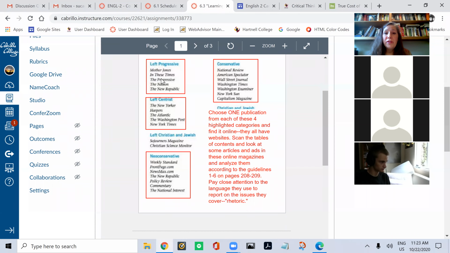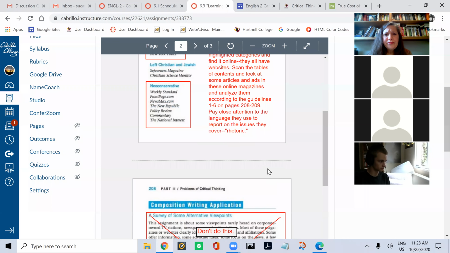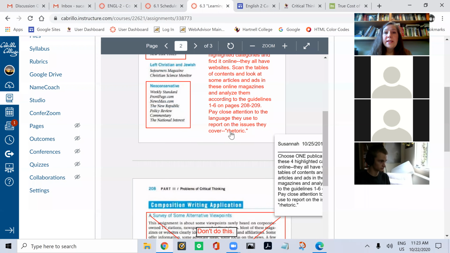The NRA is going to pay to put its ad in one of these, conservative or neoconservative, because they know what the readers of those magazines think and value and believe in already. So look at the rhetoric. That's the language that they use to convey an attitude towards the subject.